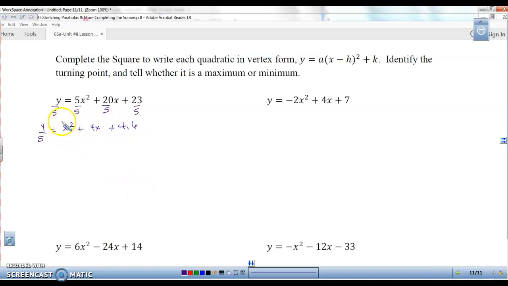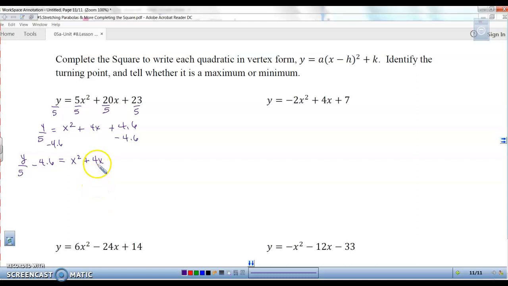All right, now once you've got this to be a 1, now you want to complete the square. So we've got to move the c term. We minus the 4.6 and put it over here. So y over 5 minus 4.6 is equal to x squared plus 4x. Now here's the complete the square part. You take half the b term and square it.